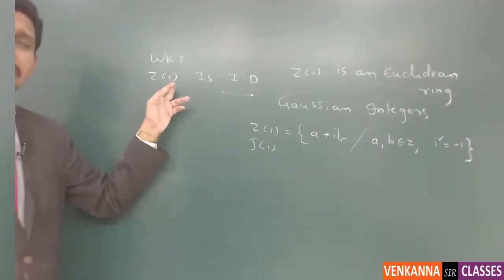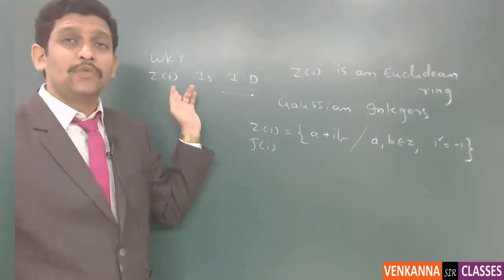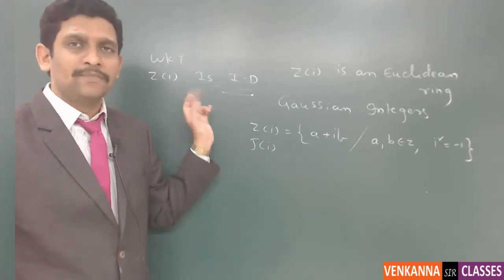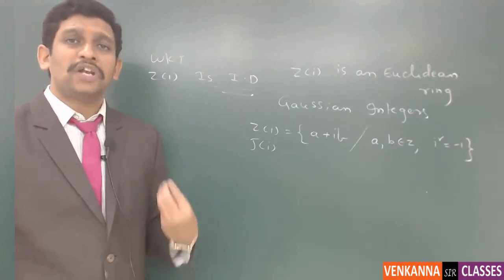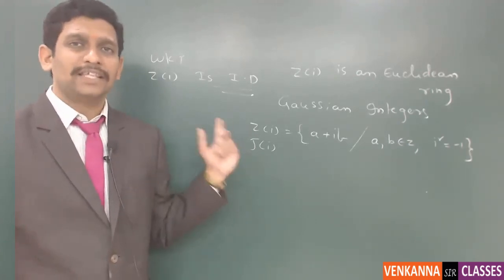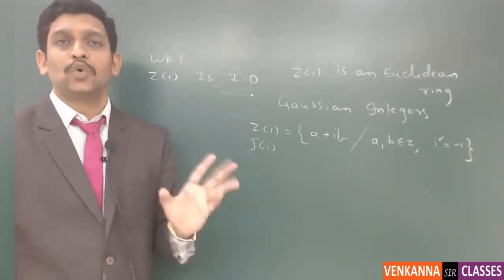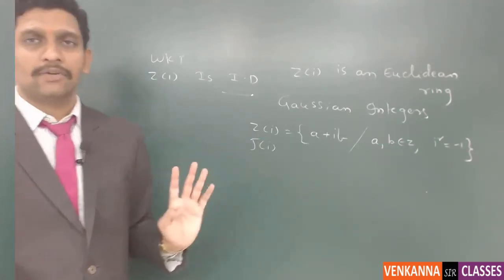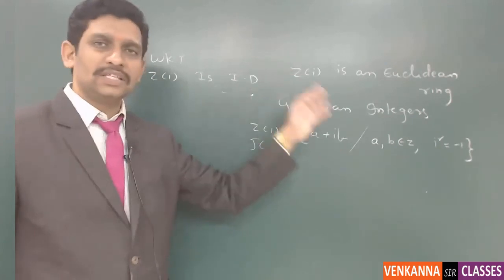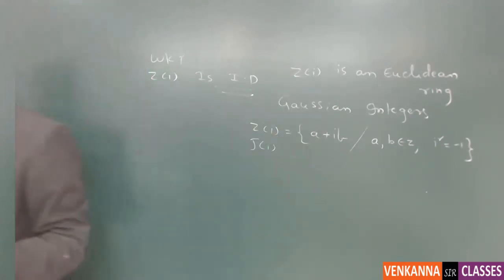Since we know that Z of I is an integral domain, we have proved this problem already. All that remains is that you have to define a function d on this set satisfying the two conditions. Then it will become the Euclidean ring, right? So please take a note of this, then we discuss the approach.